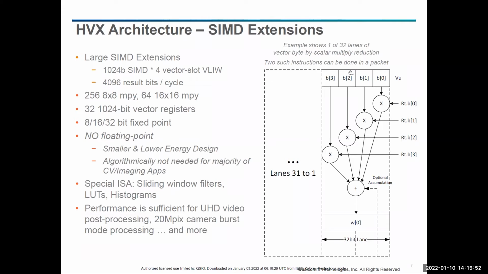On the right side, we have an example of how a multiplication and accumulation operation takes place. The example shows multiplication of an HVX vector with a scalar value. The scalar value is multiplied, and then it is accumulated into a single value. By accumulation, I mean it is an addition operation.